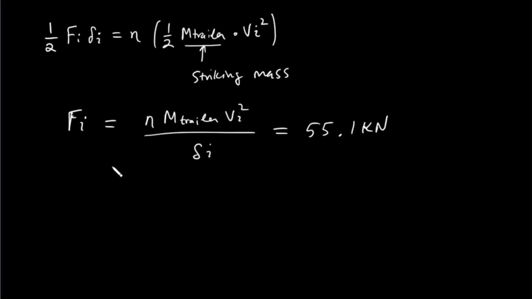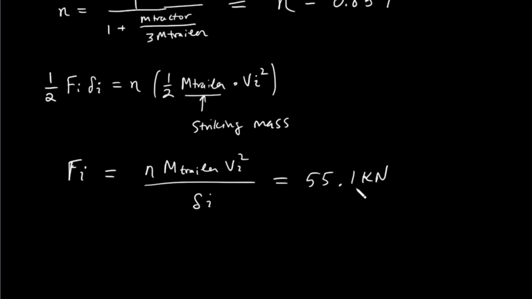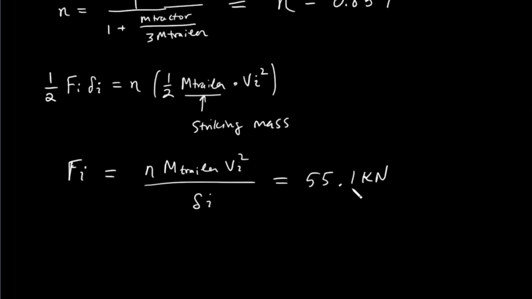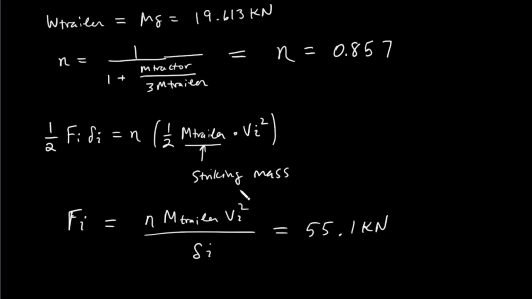Now remember, this impact force is 55.1 kilonewtons, but the actual weight of the trailer was only 19 kilonewtons, and so because we have this impact event, we get much higher forces. Okay, so this is just an example of how you would use these equations to analyze impact between a struck and striking mass, using the energy equations.